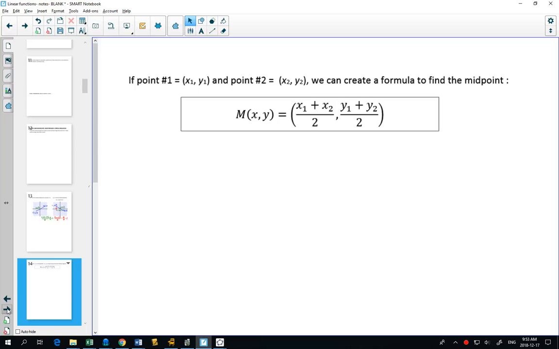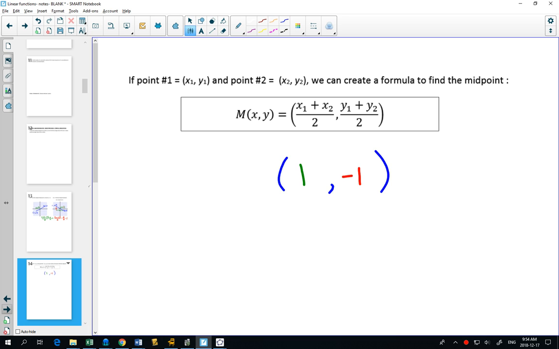And if I just showed it to you at first, you'd be like, ooh, that's a lot of craziness, but it's not bad when you think about what it means. x1 plus x2, those are just both of your x values. Add them together and divide by 2 finds your average. Because the midpoint is a point, your answer, like the answer that we got in that question we just did, was -1, 1.